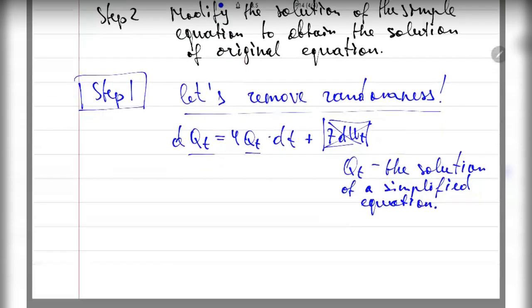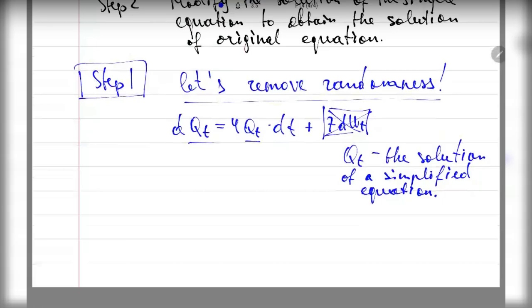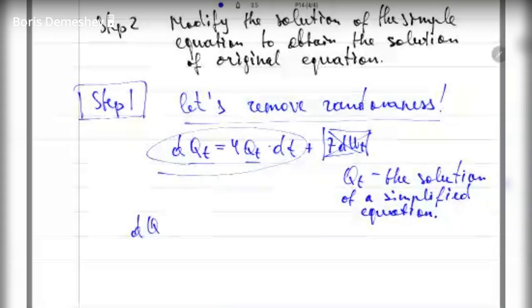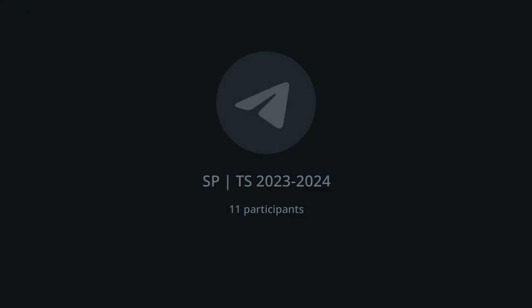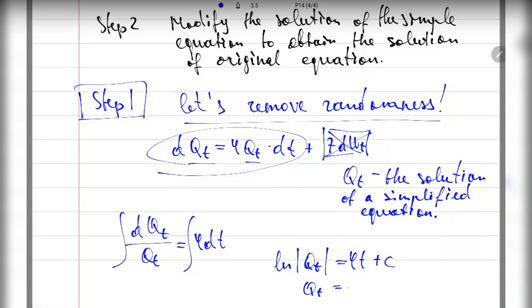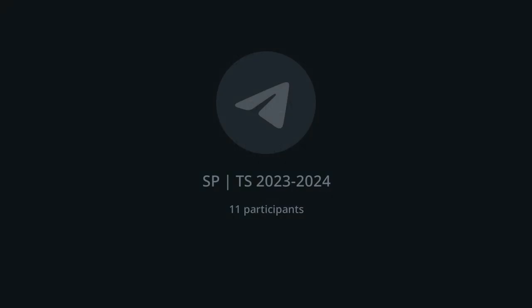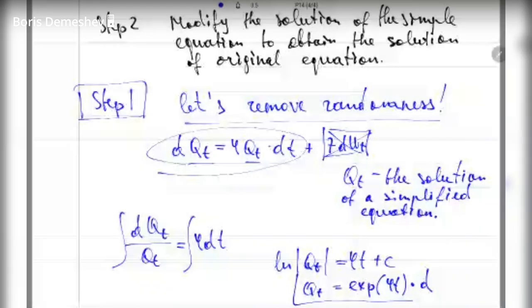Okay, let's solve it. This equation is not hard. We just say dq_t divided by q_t is 4 dt. We integrate. We say that log q_t is equal to 4t plus a constant, hence q_t is the exponent of 4t times some other constant d, and I have solved the simplified equation.